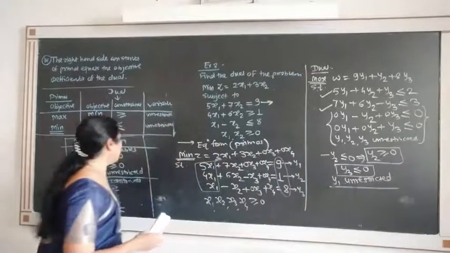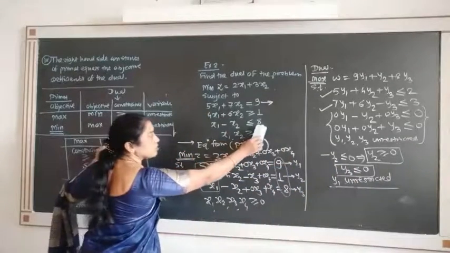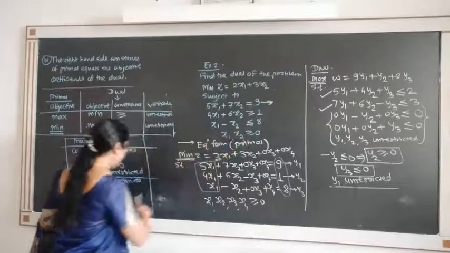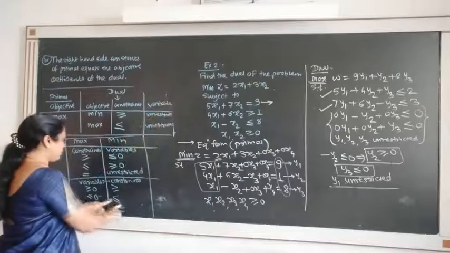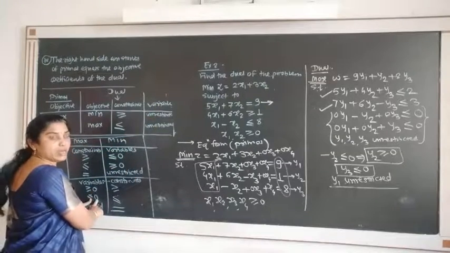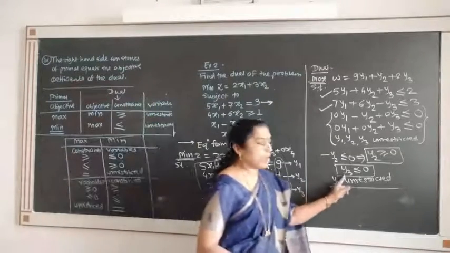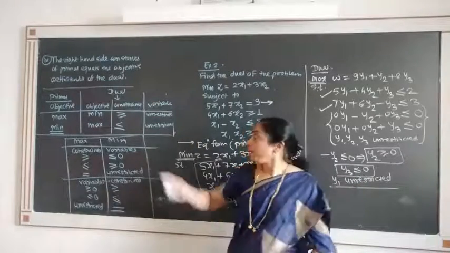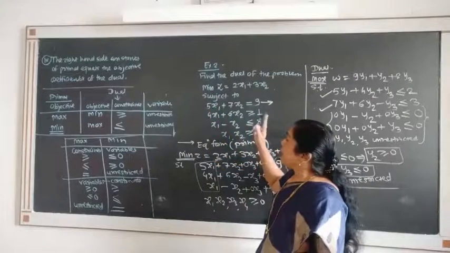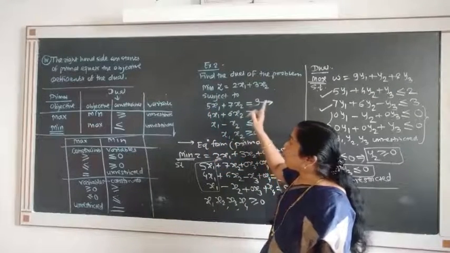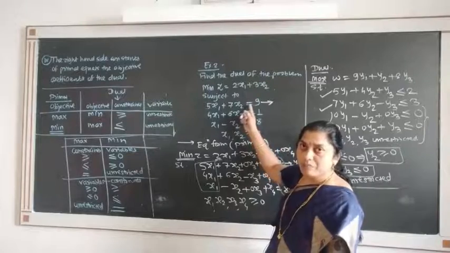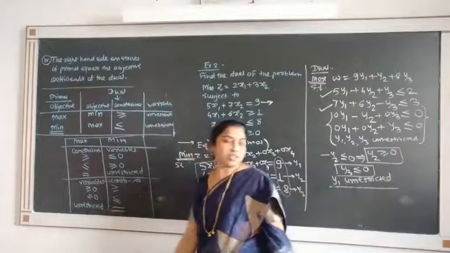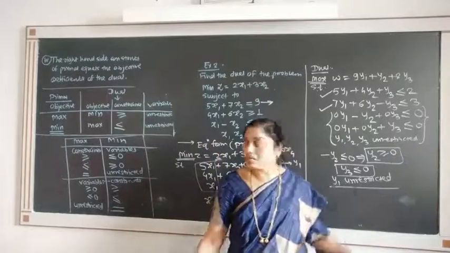In minimization, the constraint is less than or equal to. If the constraint is less than or equal to in minimization, in maximization the variable should be less than or equal to 0. See that y3 is less than or equal to 0. So in minimization, if the constraint is equality, the variable is unrestricted, so our y1 variable comes to be unrestricted.